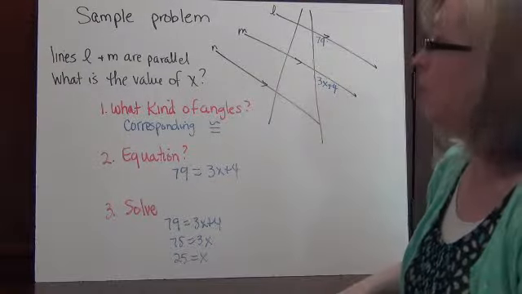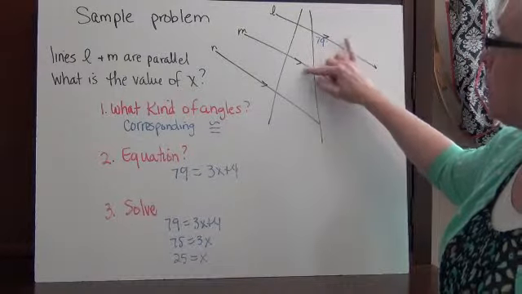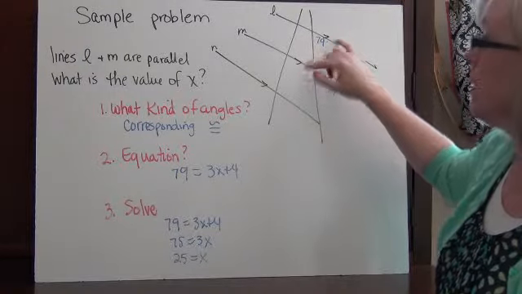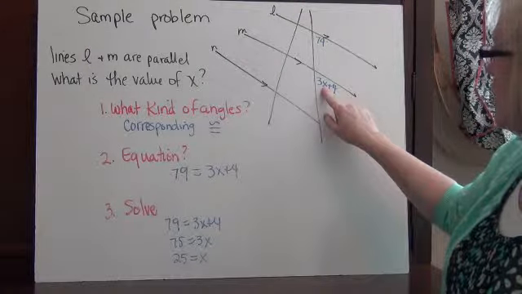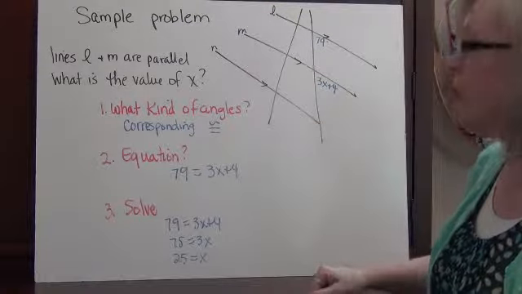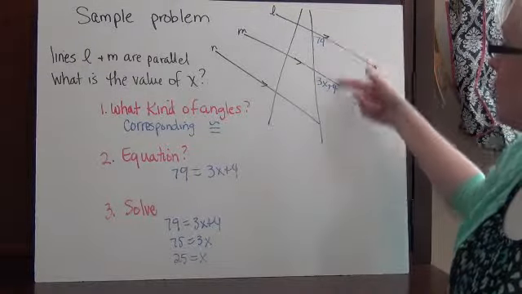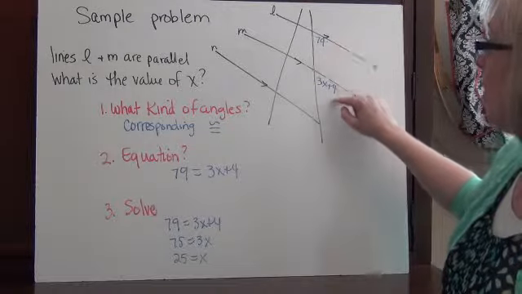Sample problem that you'll have to solve. Lines L and M are parallel. See the cute little arrow marks on there that tells me that they're parallel? What is the value of X? So I find here's an X right here. I analyze my picture and try to determine what kind of angles I see when I look at that picture. Well, these are corresponding angles.